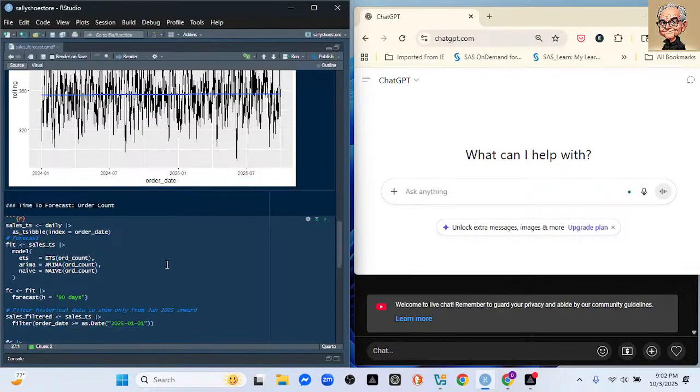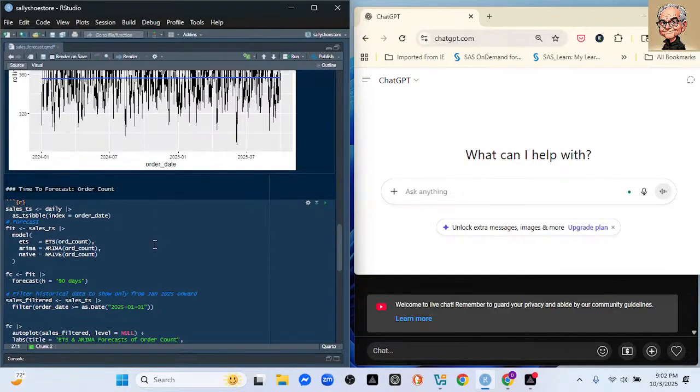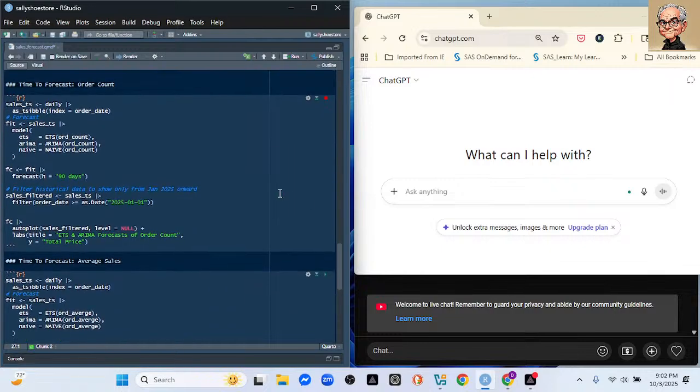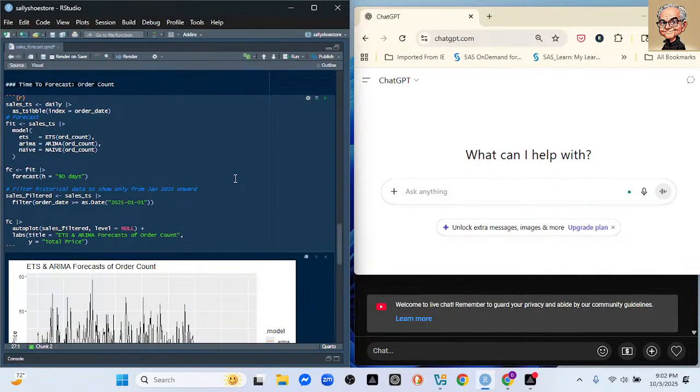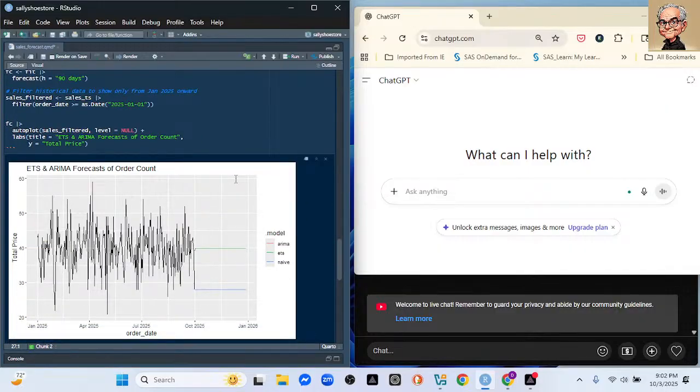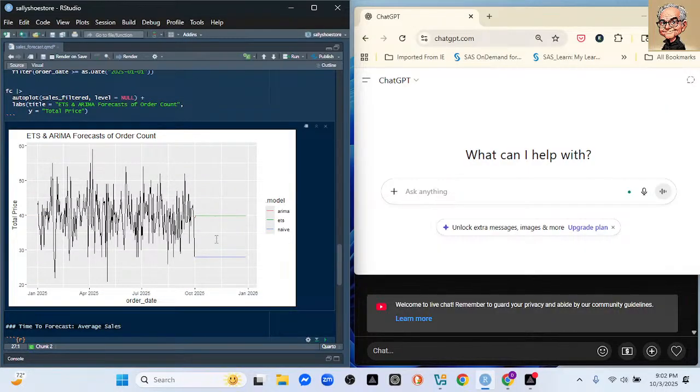So we do a time series forecast of order counts. Okay, you can see we're going to ETS, ARIMA, and naive models. And here's the combined thing: ARIMA, naive.